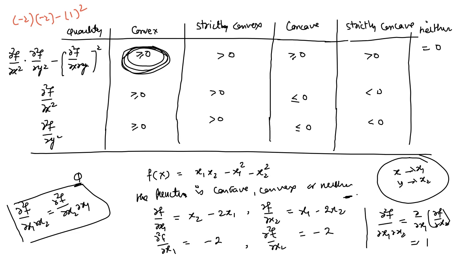So minus 2 into minus 2 is 4, 4 minus 1 square is 1, equal to 3. So this gives us 3, which is greater than 0.